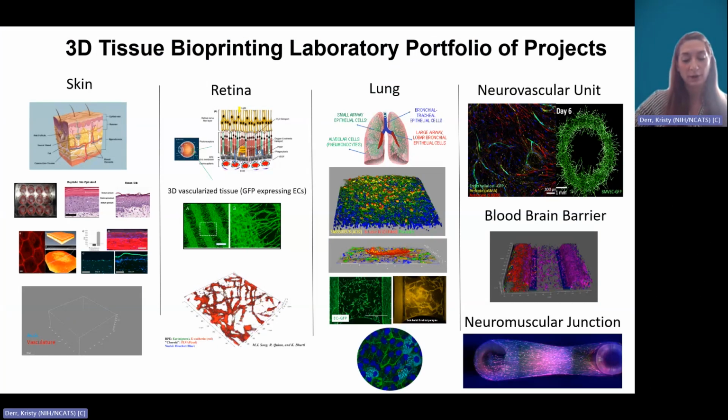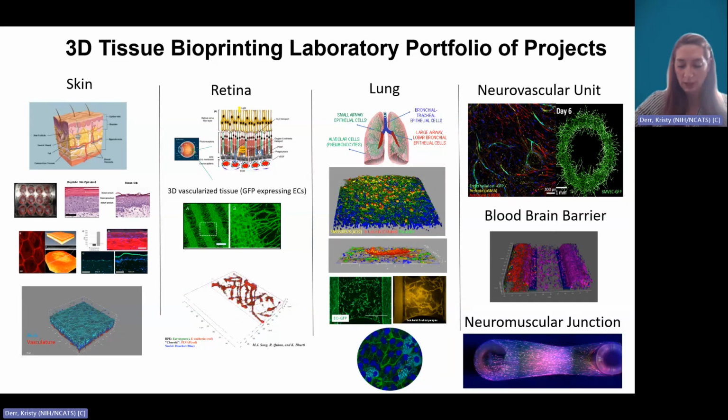Okay, so within our lab, we have a really nice portfolio of different tissues. The skin and the retina are the original tissues when our bioprinting lab first began. These, I would say, are some of the more matured tissues out of the bunch. Our skin and retina models have a very nice reproducibility of healthy models within a variety of different disease models, such as psoriasis, melanoma, squamous cell carcinoma, atopic dermatitis.